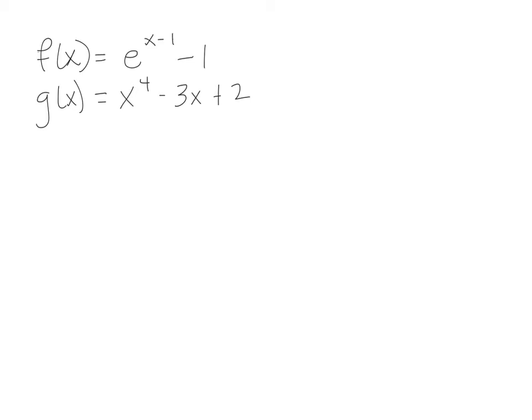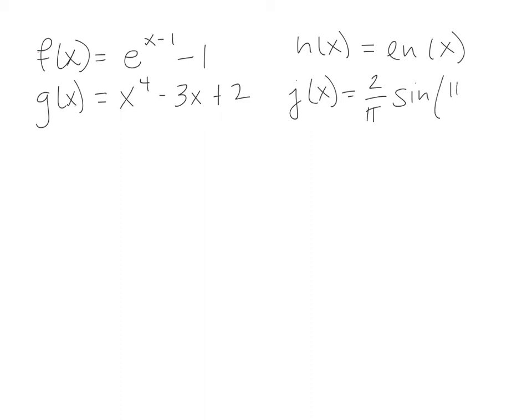And then we have a third, h of x equals ln of x. And fourth, j of x equals 2 over pi sine of pi over 2 times x minus 1.